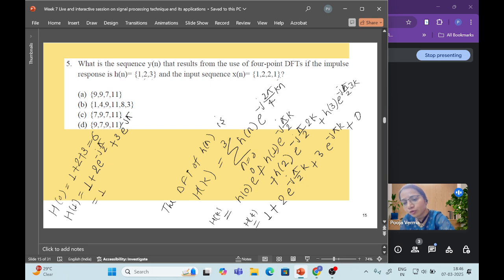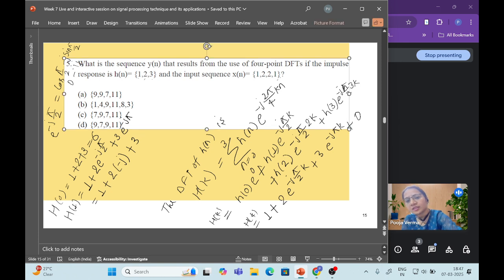Now further if you calculate, you will get 1 plus 2 e to the power minus j pi by 2. What is the value? You can calculate. I have calculated, it is minus j. E to the power minus j pi by 2, you can directly calculate cos pi by 2 minus j sin pi by 2. Okay, so cos pi by 2 is 0, sin pi by 2 is 1, so minus j.